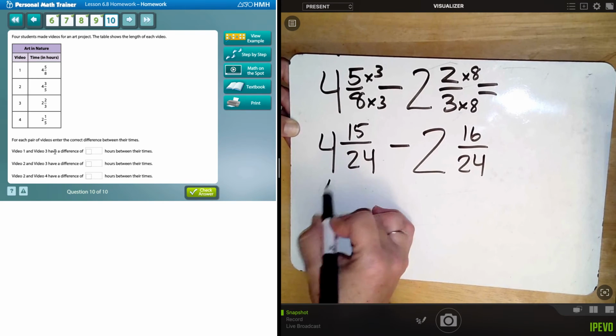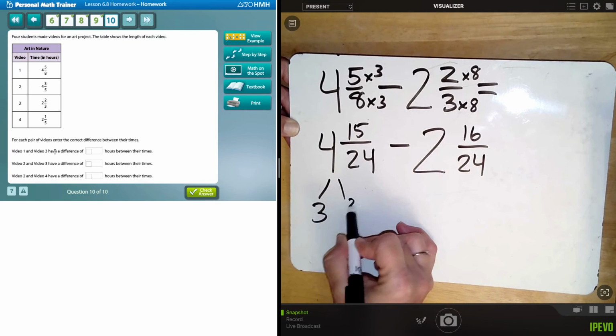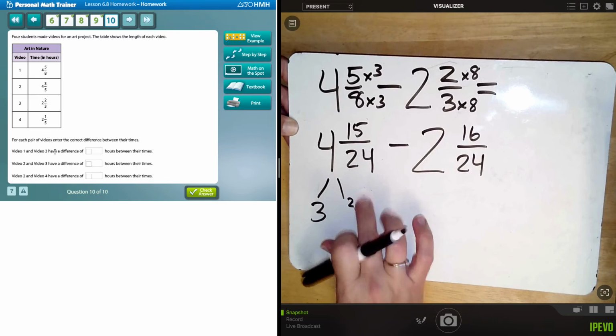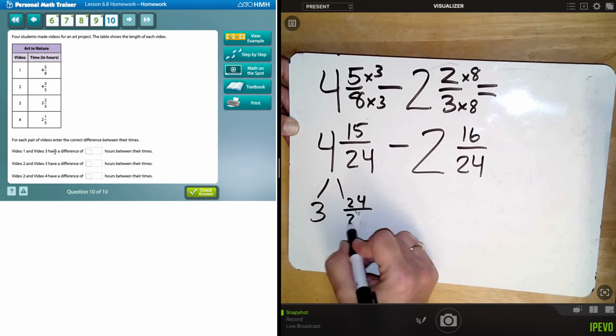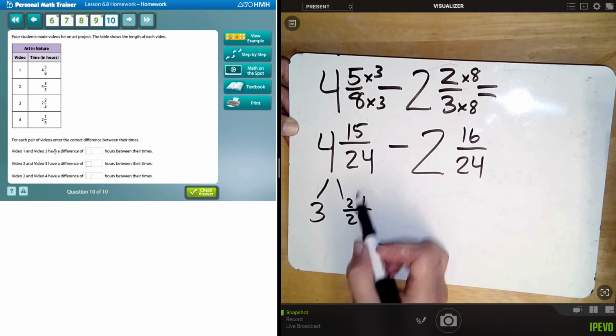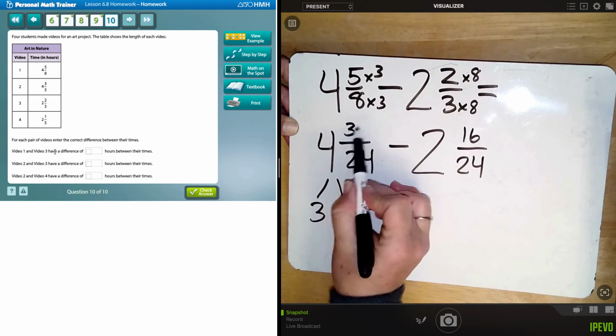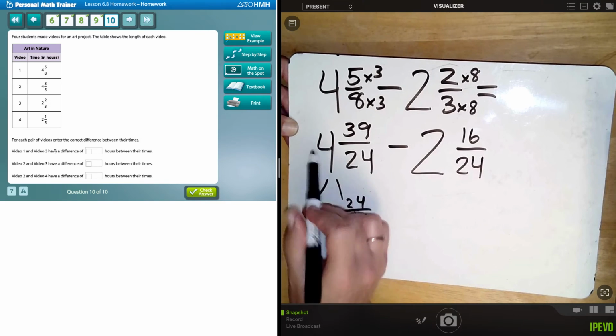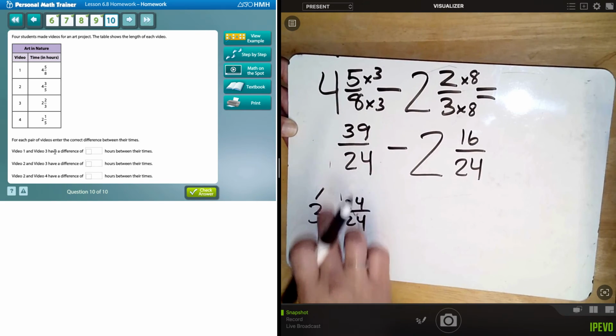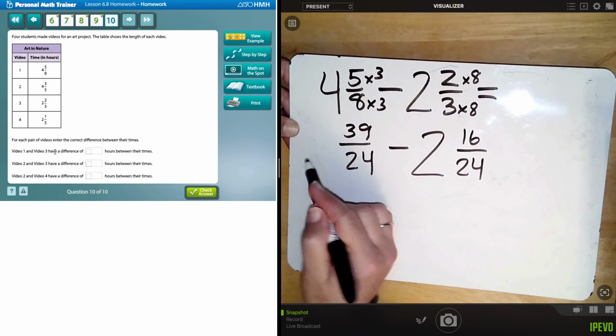I just have to regroup. This is going to be 3 and 24/24. So 24 plus 15 is 39. It's my new numerator. And this new whole number will just be 3. Okay?